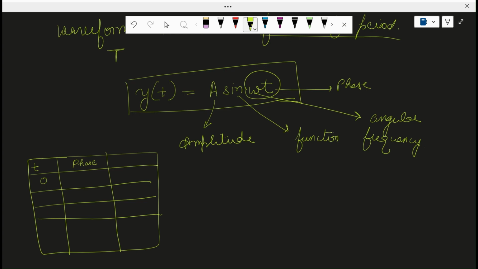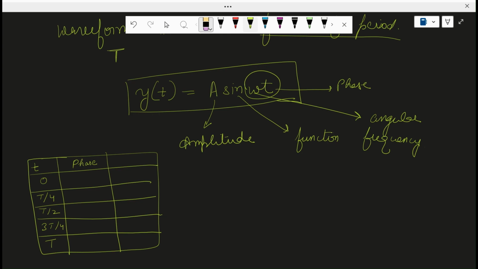So this is our time 0. This is T by 4. This is T by 2, 3T by 4, and T. So these are the different times which the wave attains.